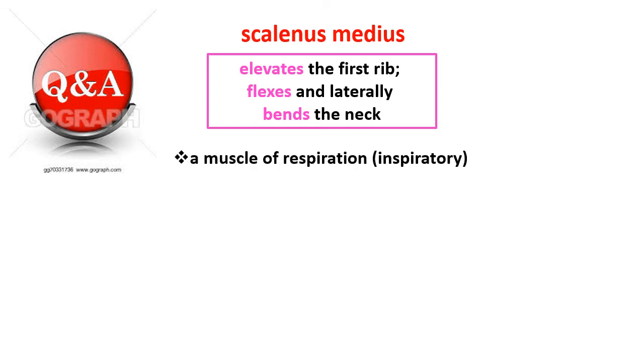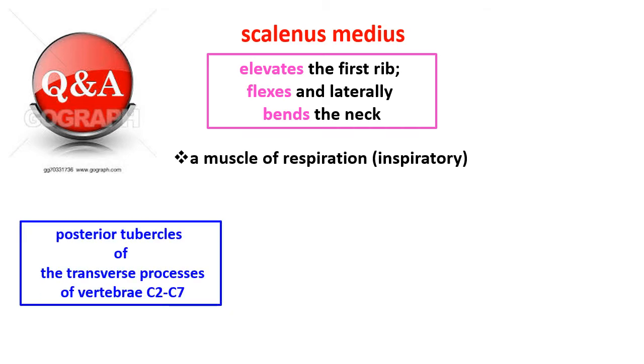When it is attached to the first rib, that means it elevates it when the neck is standing in a fixed position. Therefore, this is a muscle of respiration, and it acts in the inspiratory phase of respiration.